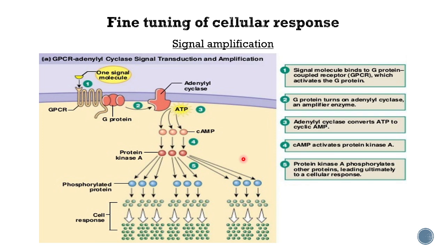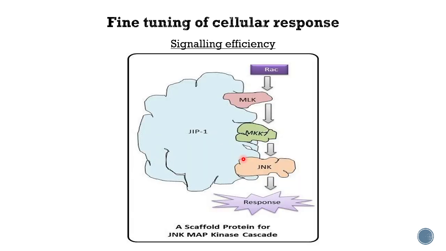to the receptors. Okay, next we have the enhancement of the efficiency of signaling, because signaling is multi-step, right, involving different proteins. So if you imagine, let's say the first protein here, MLK, is supposed to activate the second protein here, MKK7.